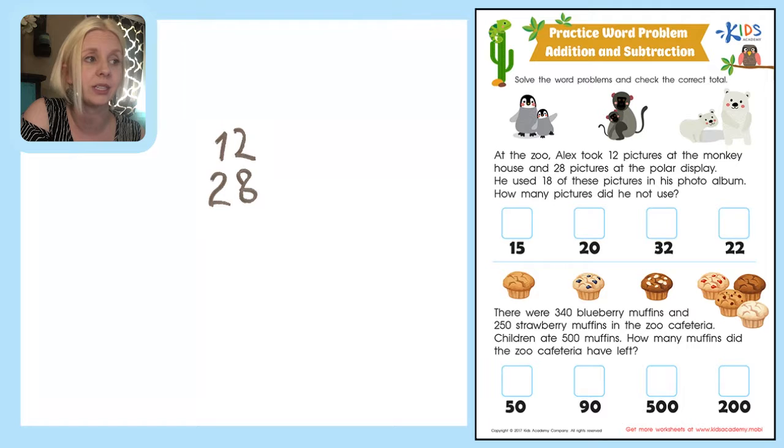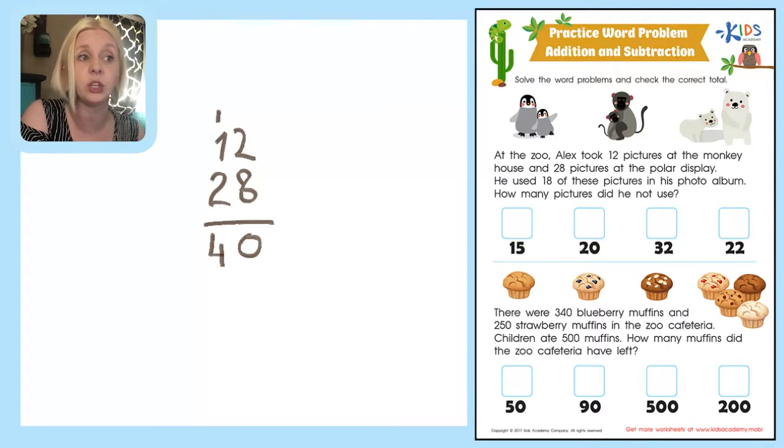Okay, so I need to add those two together to find out how many pictures he took total. So 8 plus 2 is 10, okay, and I'm going to need to carry the 1 over here. And then 1 plus 2 is 3, but don't forget to add the 1, would be 4. So he took all together 40 pictures.